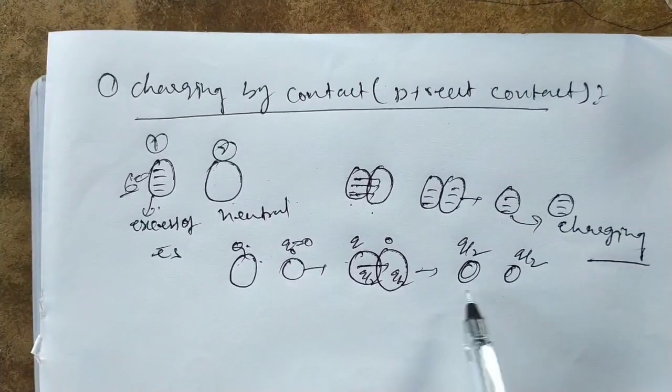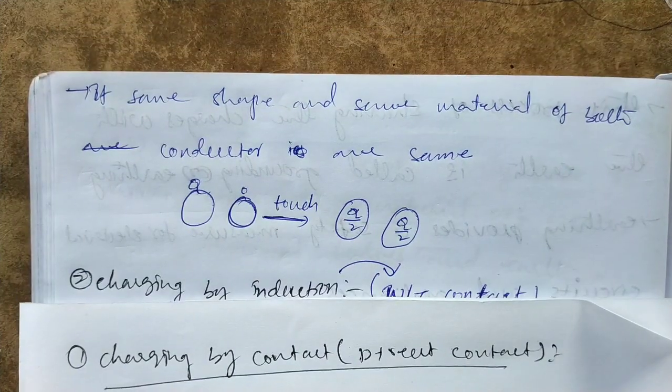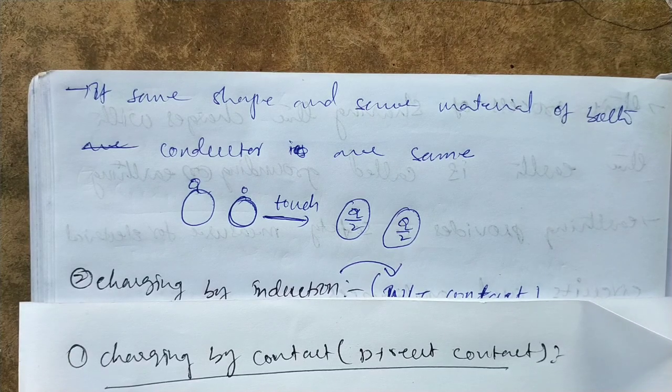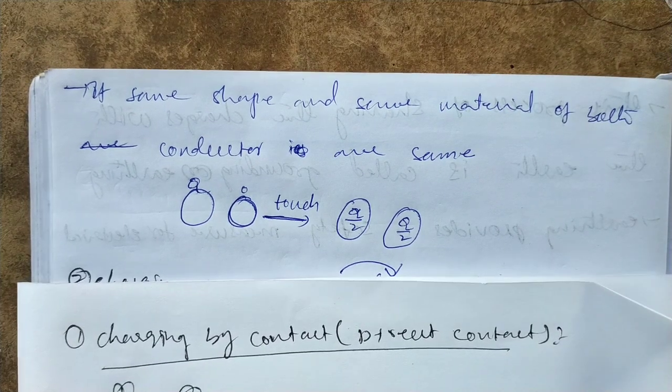It is divided by contacting. There is sharing of electrons, holes, that is positive or negative charge carriers, by contact. This is one method.